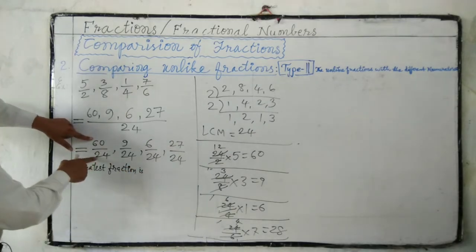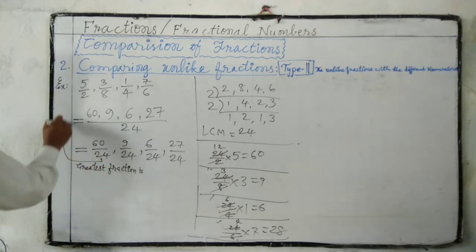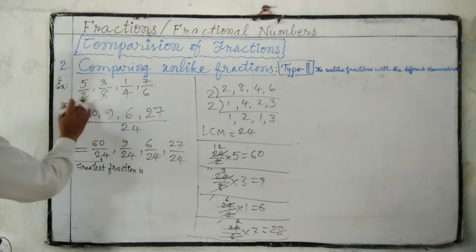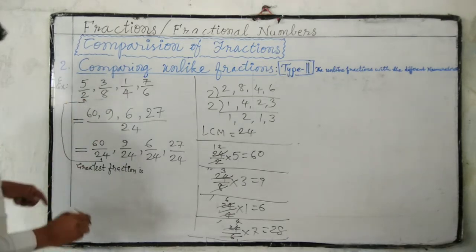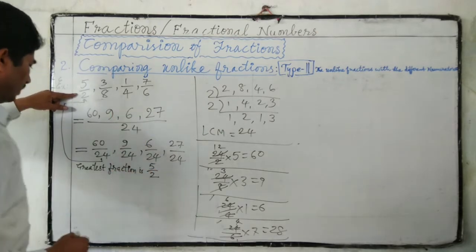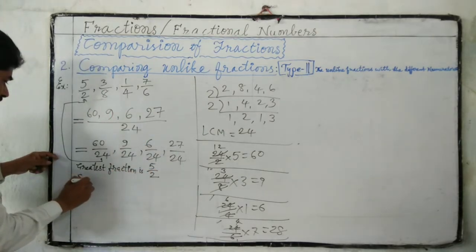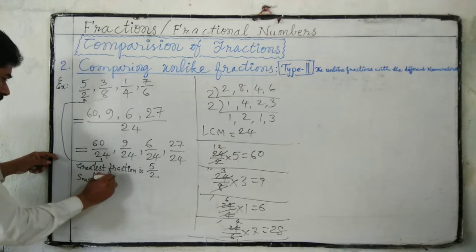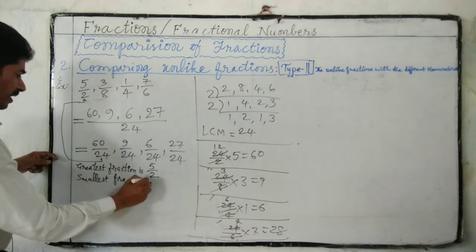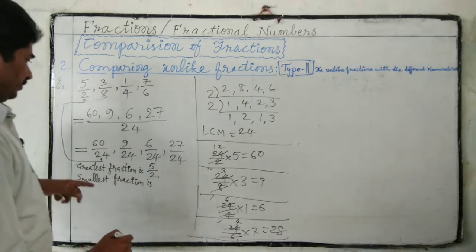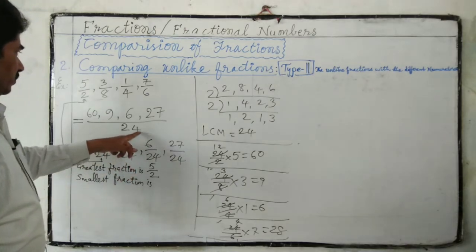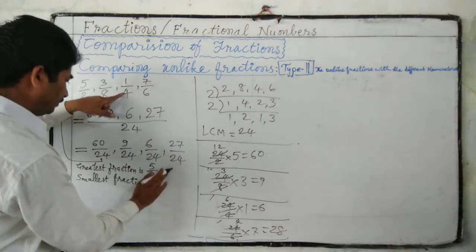So 60 by 24. 60 by 24 means the first fraction, 5 by 2, is the greatest fraction. And the smallest fraction: the fraction with the smallest numerator is the smallest fraction. So the smallest numerator is 6 by 24. 6 by 24 means 1 by 4.